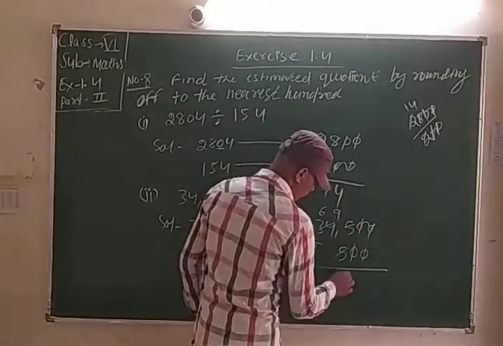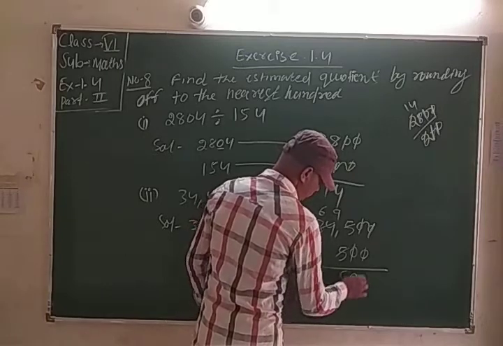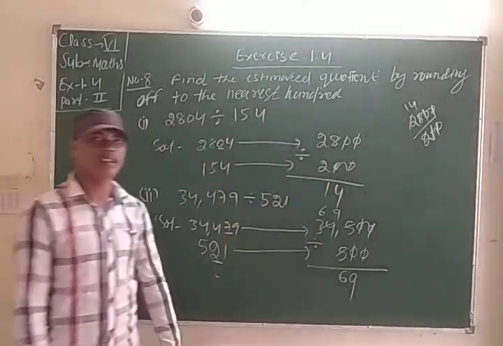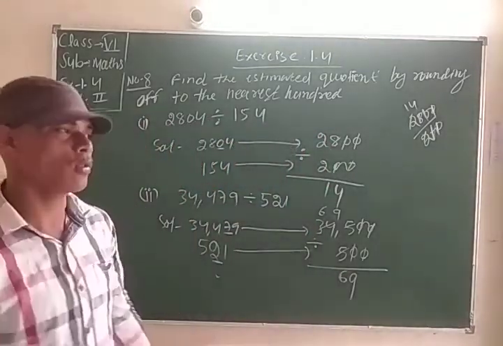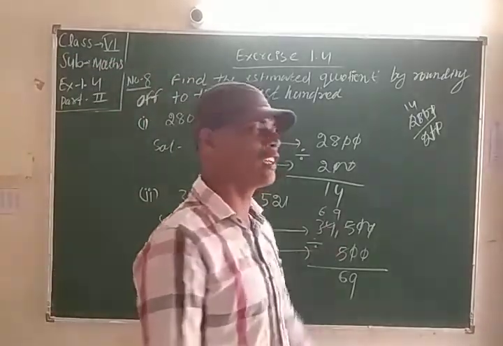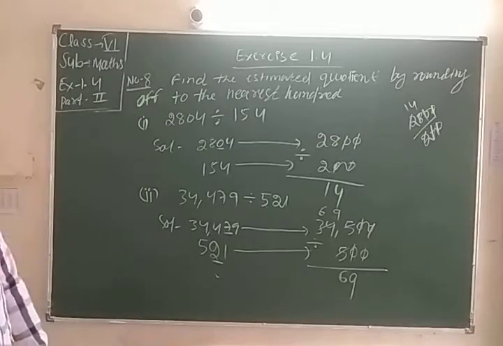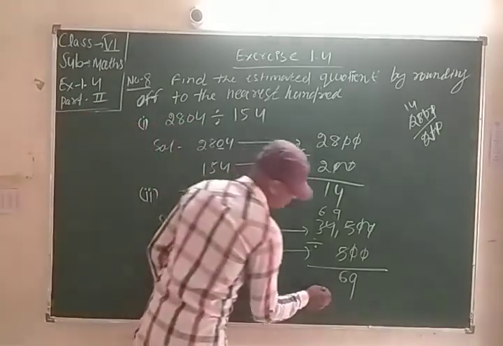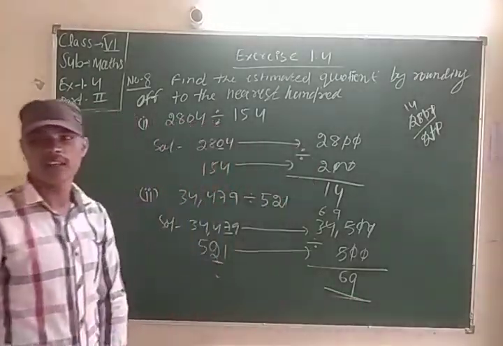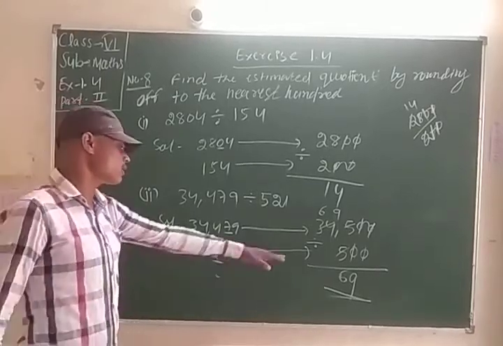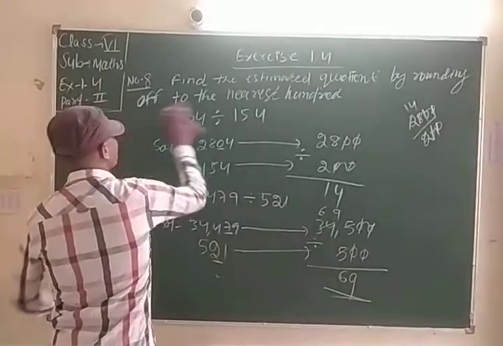Then the estimated quotient for the second one is 69. Whatever it is, that is the answer. Now we will do the third one.